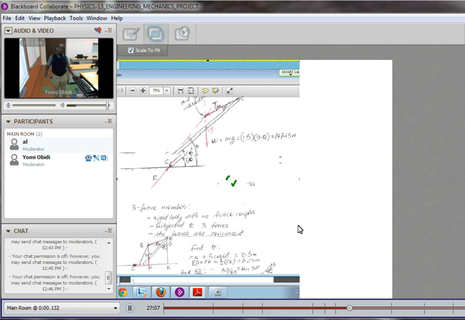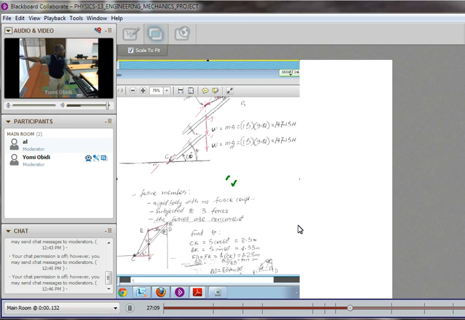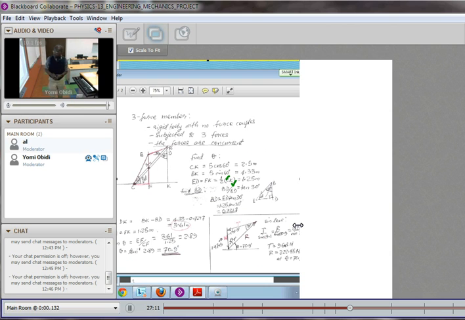We already established that it's a three-force member arrangement. So let's remember the things that we're looking for. We are looking for the reaction here and the line of action of that reaction. That's right here. We're also looking for the tension in the rope. That's T right here. So those are the two things.